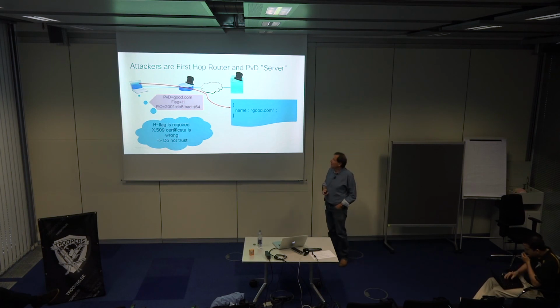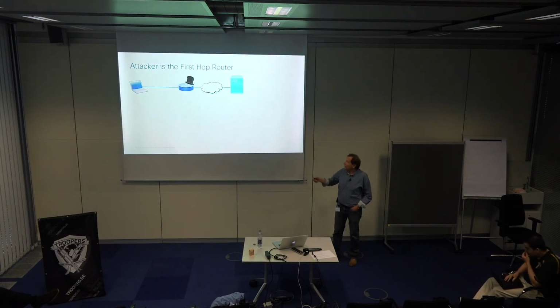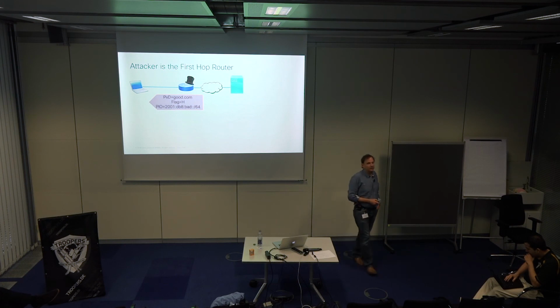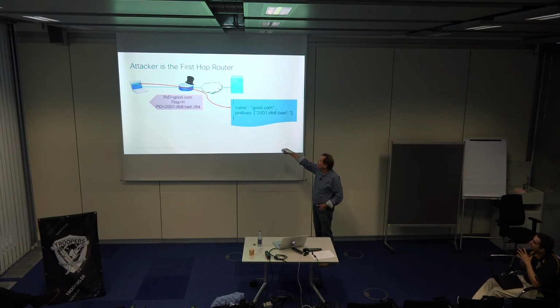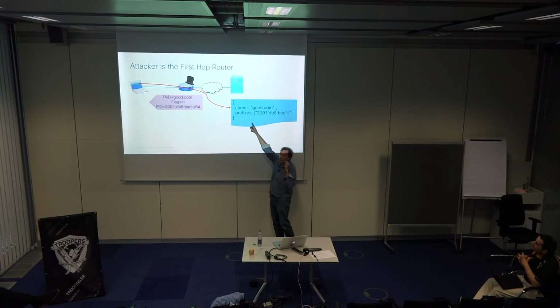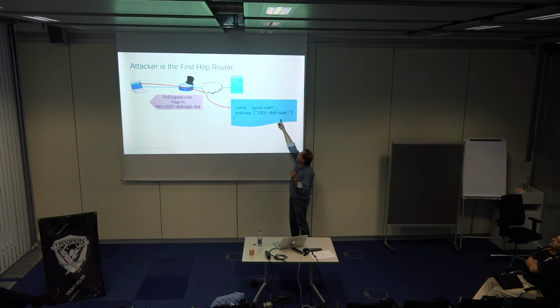Okay, that's one attack. So now, the server is the right one. Same thing, I'm advertising the wrong router advertisement. There is an H flag, I'm going there, and this time the TLS session is established because it's the real server, not cheating. But there is an element in the JSON that is mandatory, the set of all prefixes belonging to this PVD, and in this case, this is beef.